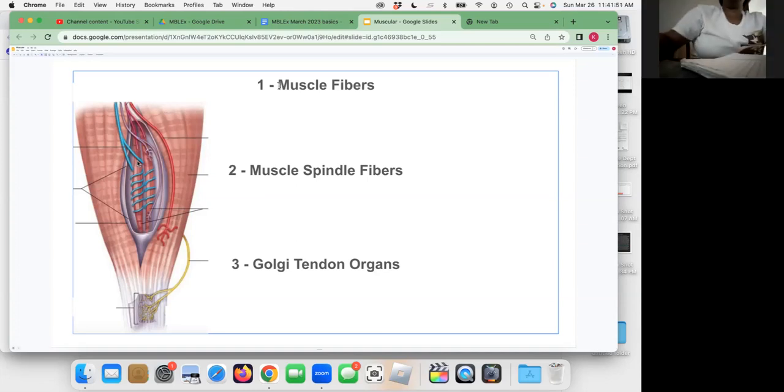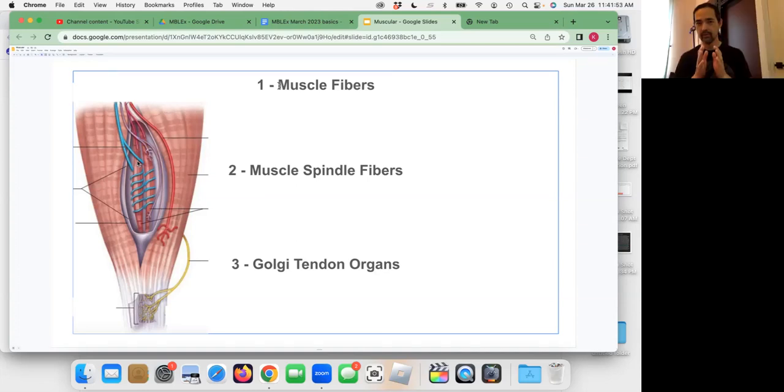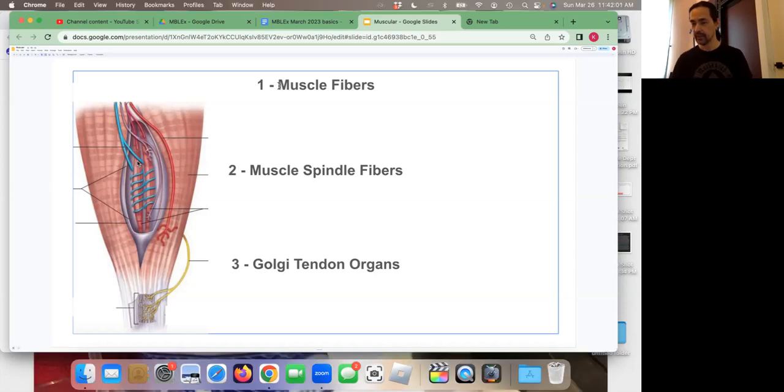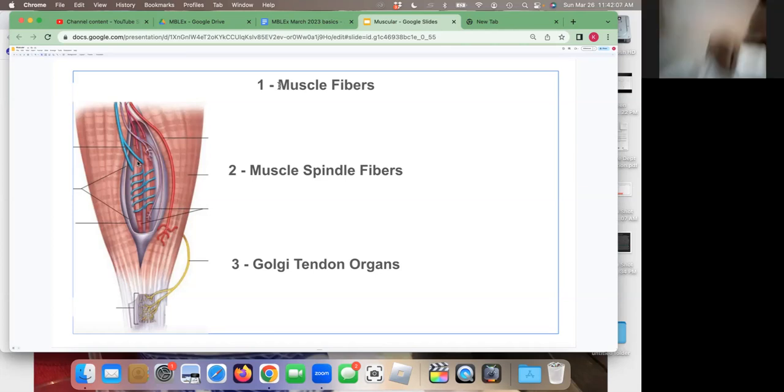Hello. Hey, what part of the muscle are muscle fibers? Are they like the bundles that make up the muscles, or are they the muscle cells themselves? The bundle.